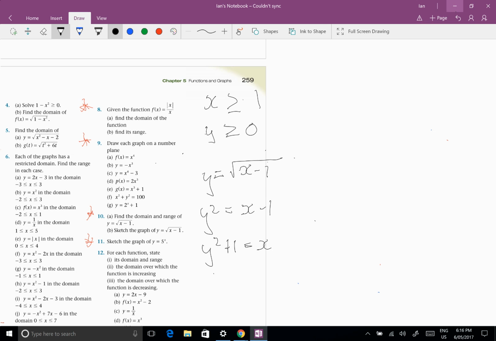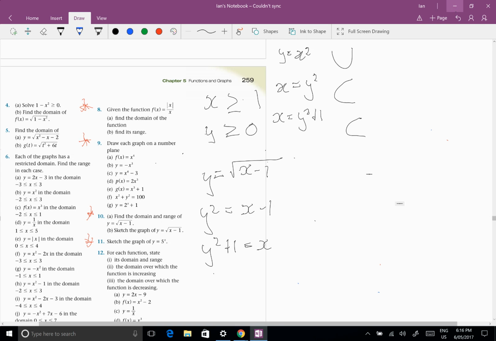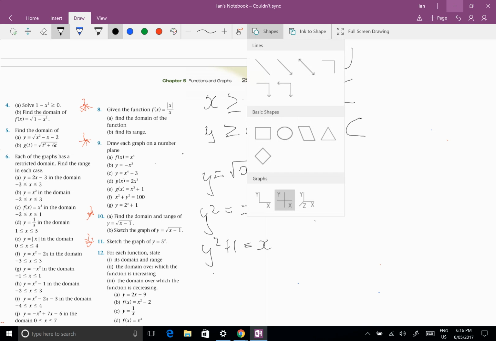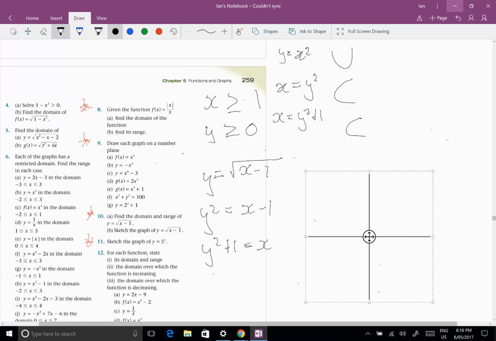Well, y equals x squared is a parabola like that. Well, x equals y squared is a parabola like that. And x equals y squared plus 1 is a parabola like that, moved 1 over. So let's draw our axes.